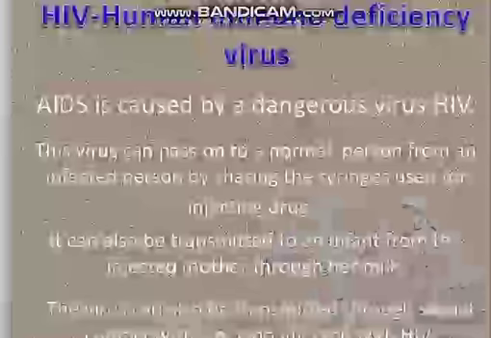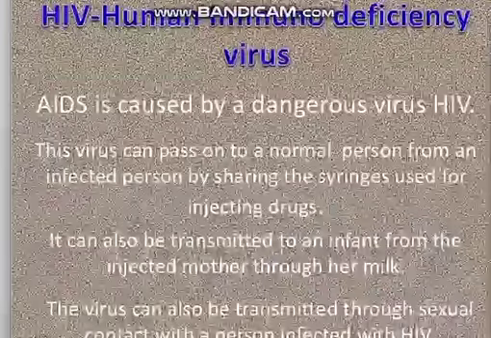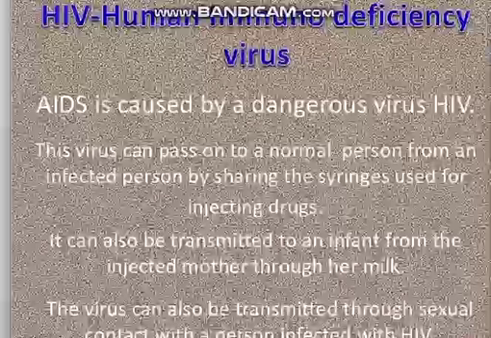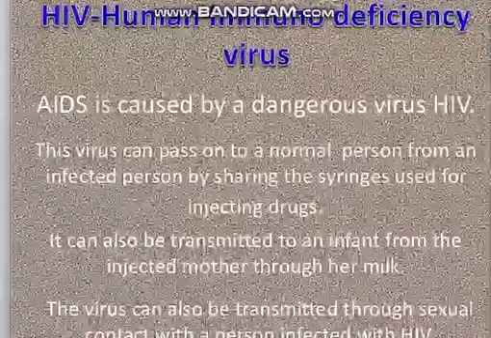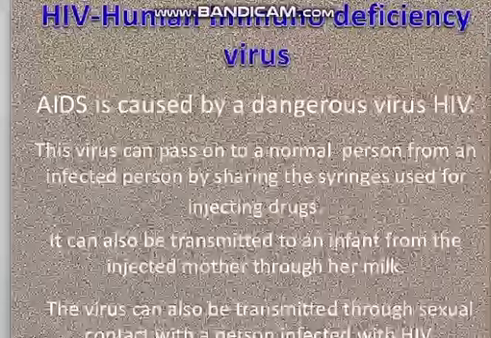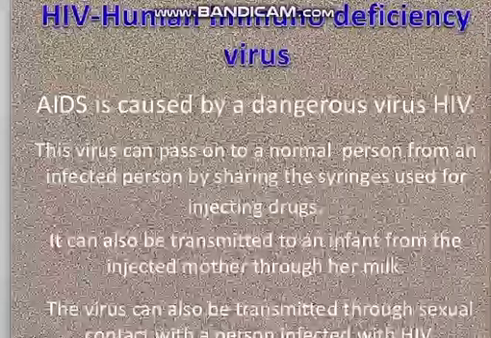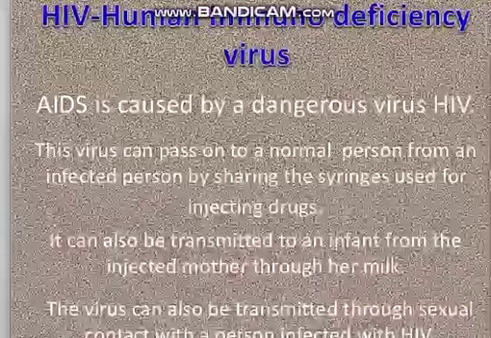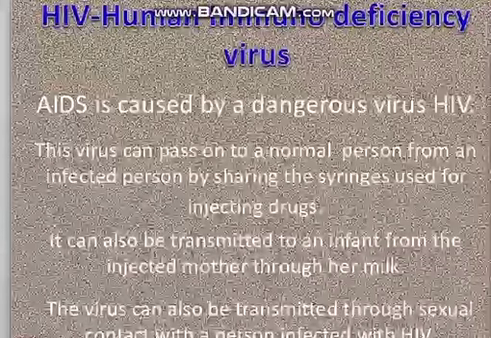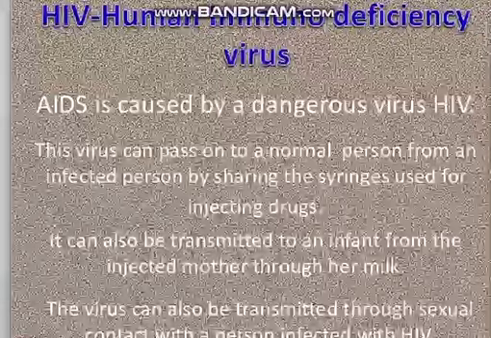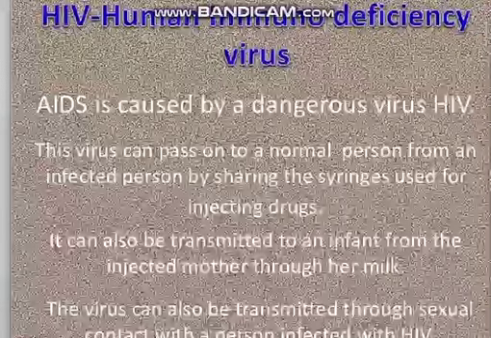After that, the last topic of the chapter is AIDS. AIDS is caused by a virus called the human immunodeficiency virus, and AIDS stands for acquired immunodeficiency syndrome. That is the full form of AIDS. Now, the HIV virus can pass from an infected person to a normal person by sharing syringes used for injecting drugs.